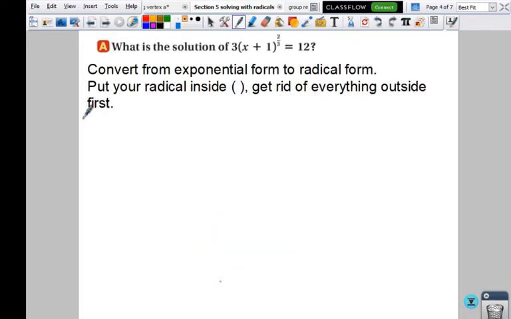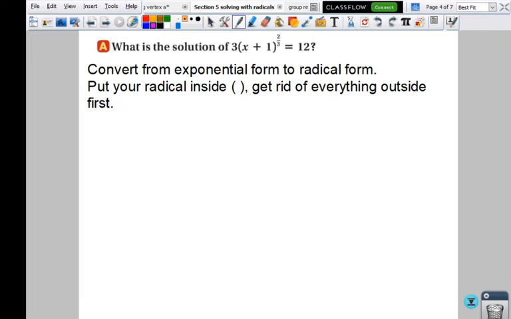Let's look at this one, and we are doing basically the same thing. I'm going to find the solution of 3 times the quantity x plus 1 to the 2/3 equals 12. Our first thing we're going to do is we always want to do this in radical form, so we're going to need to convert this before we do anything else.